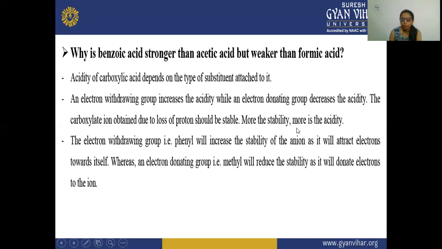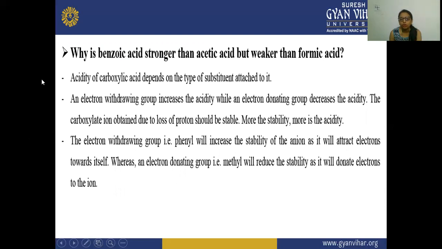The more the stability, the more the acidity. So the electron withdrawing group phenyl will increase the stability of the anion as it attracts electrons towards it, whereas an electron donating group like methyl will reduce the stability as it will donate electrons to the ion.